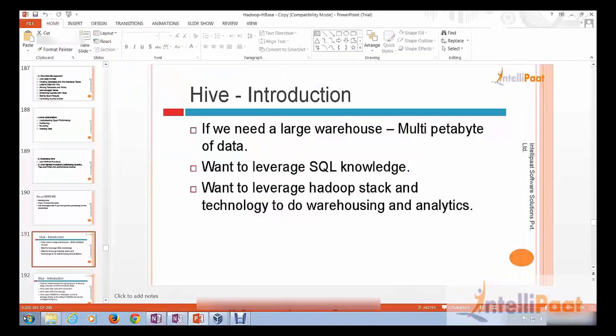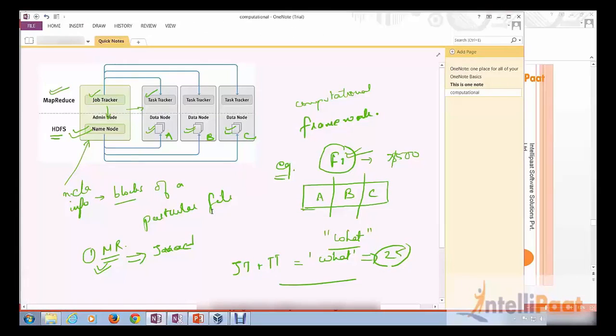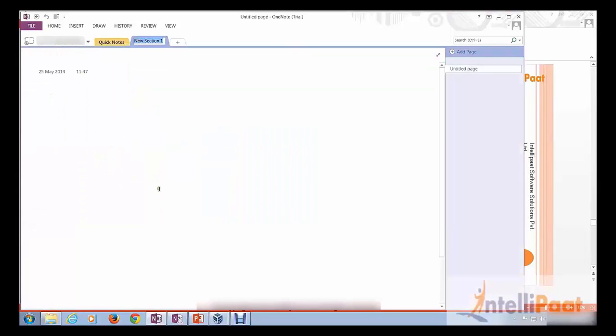Now, what is Hive? Hive is SQL for Hadoop. How Hive came into existence: Hive was created at Facebook. Facebook had a large pool of engineers who were well versed with SQL, and they wanted to use this SQL knowledge rather than make all the engineers learn MapReduce.